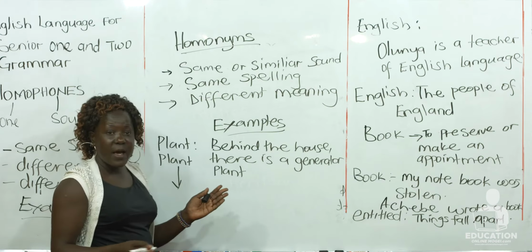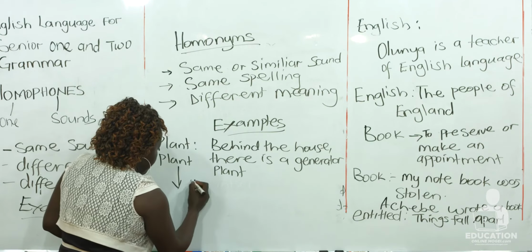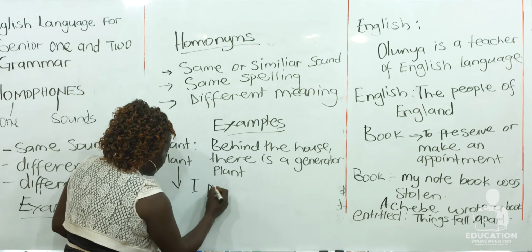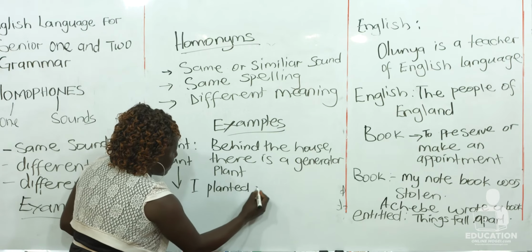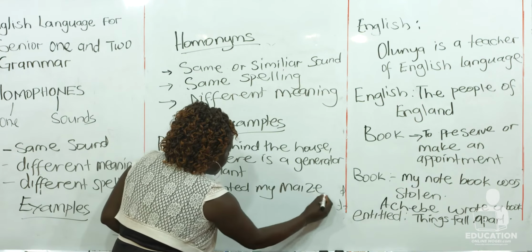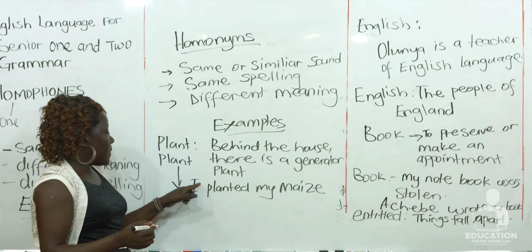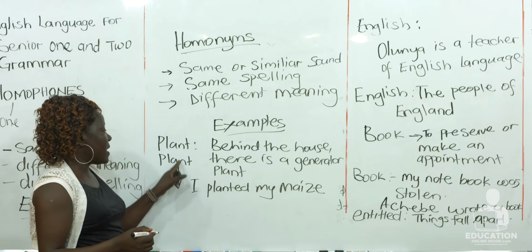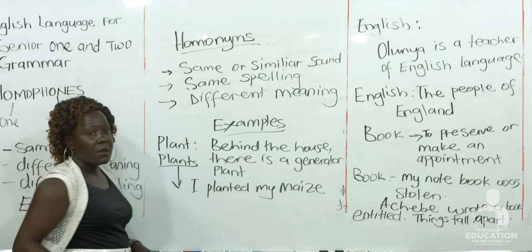So you can say, I planted my maize. Maize is a crop. Now here, plant becomes the crop. In my garden, there are so many plants.